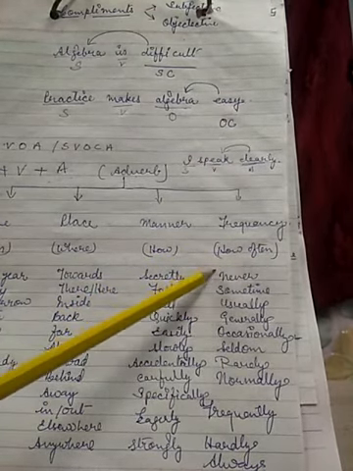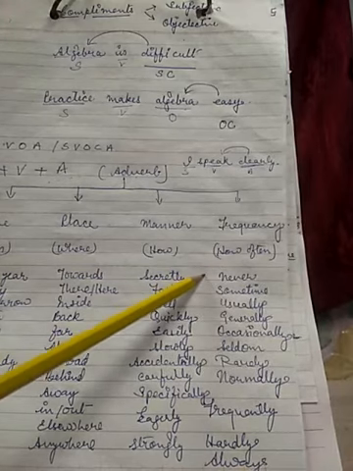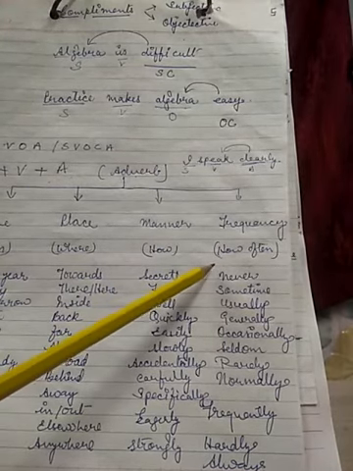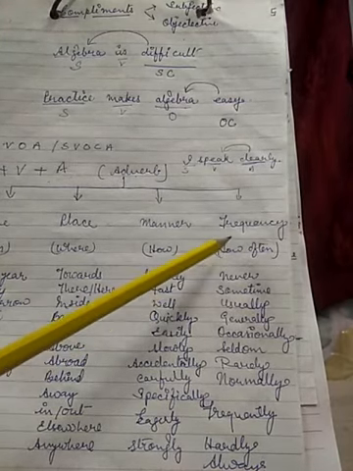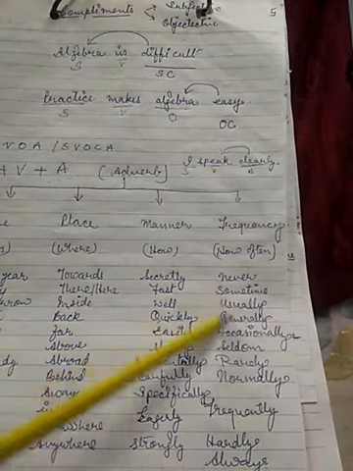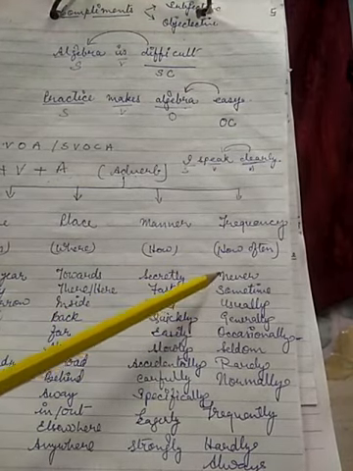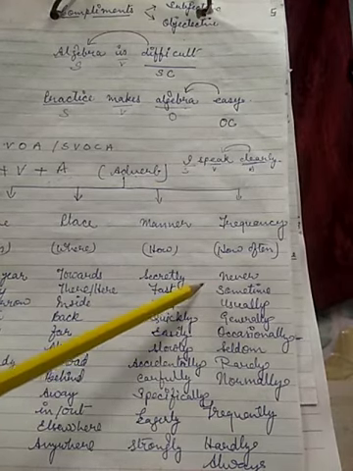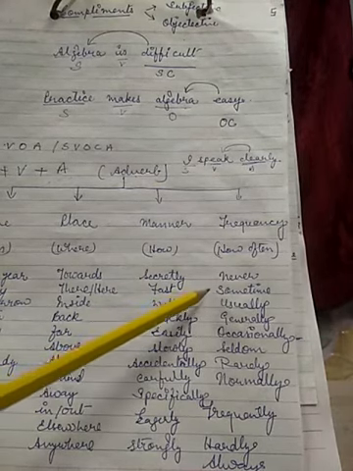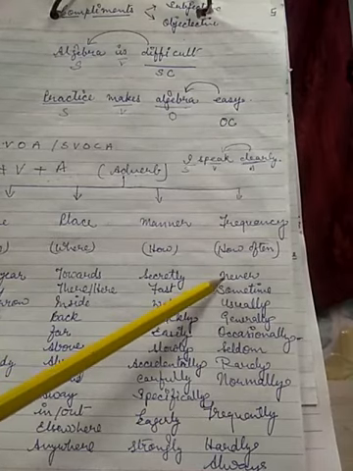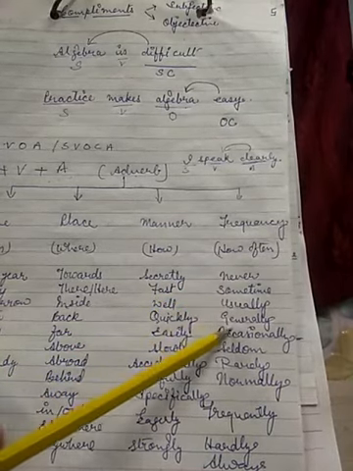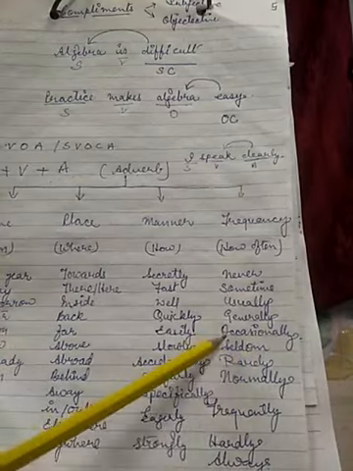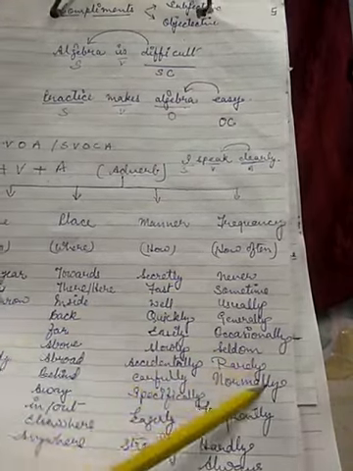In a particular period of time, how many times, how often we do a particular work, that is called frequency. Never, sometimes, usually, generally, occasionally, these words show the frequency.